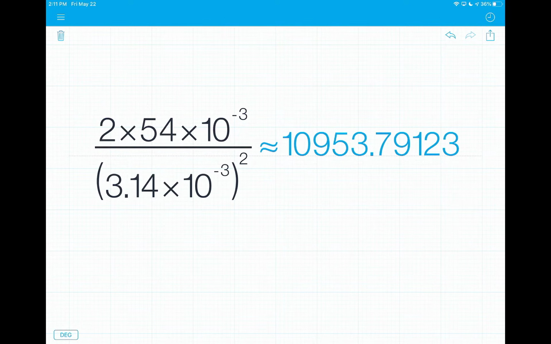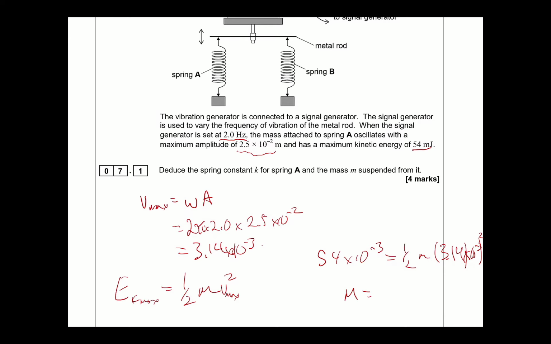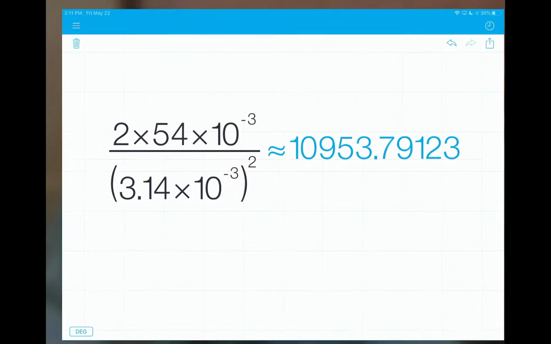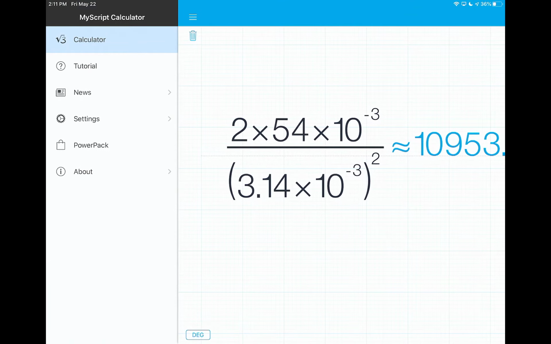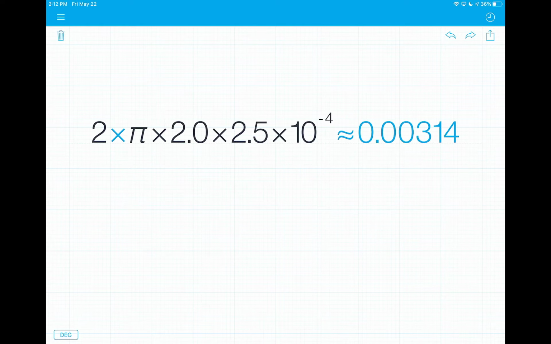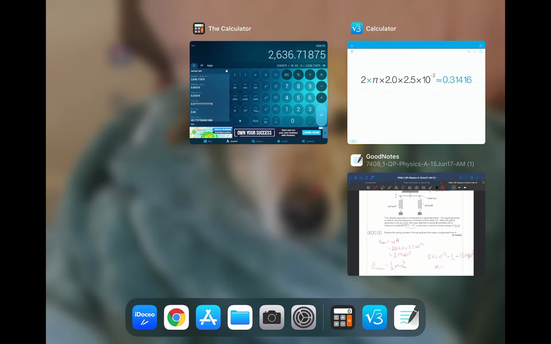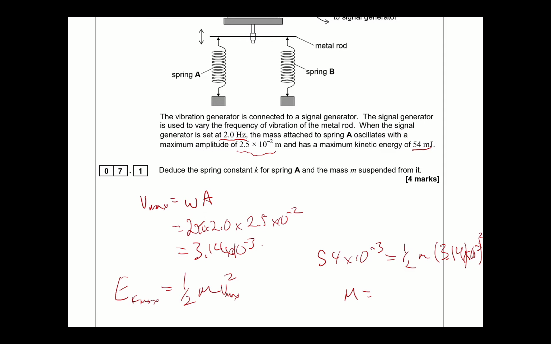That's not right. Oh, that's why. So it's just 0.3, so it's 0.314.